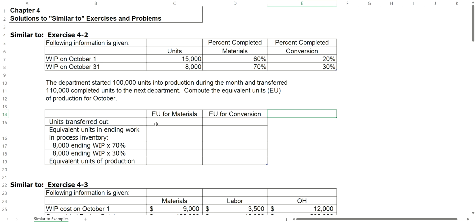To do that, we start with the units transferred out. It'd be the same for each. It is given that we transferred out 110,000 units, so I will fill in 110,000 units under materials and conversion. Now I want to add in the portion of the ending work in process that is completed. Ending work in process is October 31st.